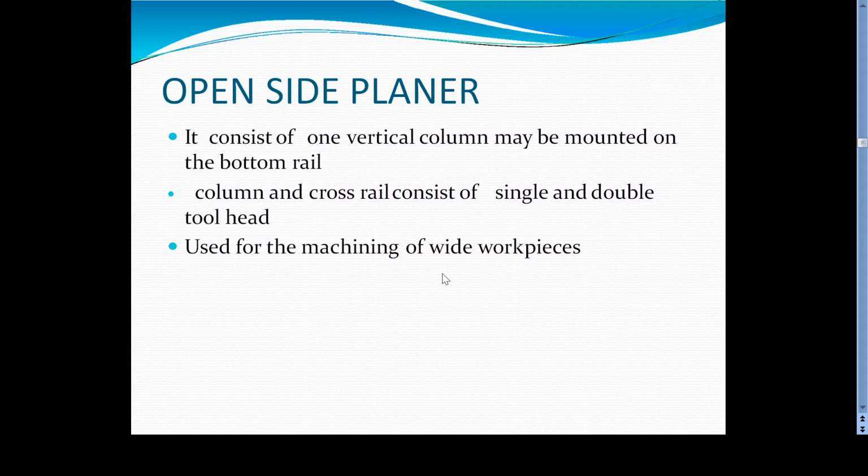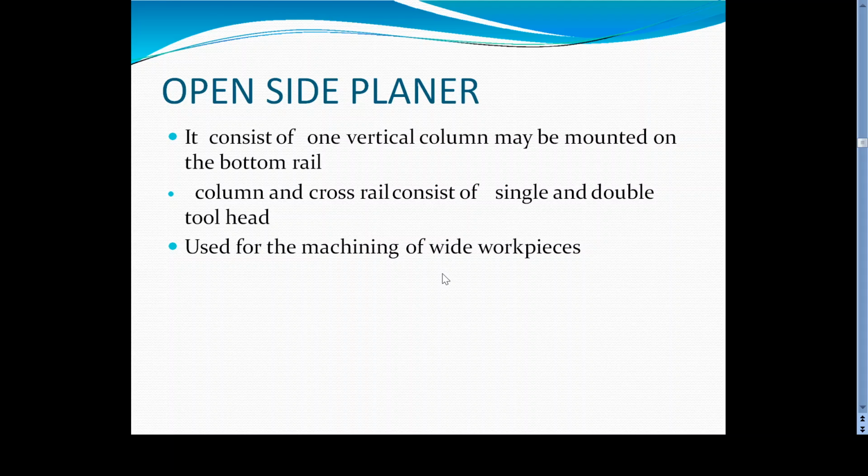Open side planer. It consists of one vertical column. Column and cross rail consist of single and double tool head, sometimes a single tool head or sometimes two tool heads.